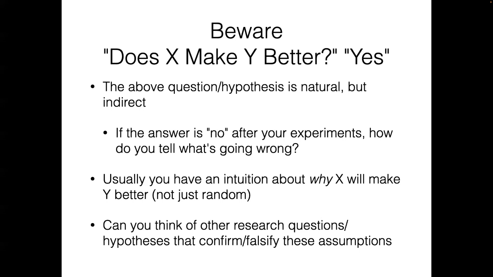And so it could help up front to have some underlying hypothesis for why X will make Y better. Maybe you have some intuition about the method, or you think, humans use context when they're translating speech, so therefore I think that adding in context will make Y better.